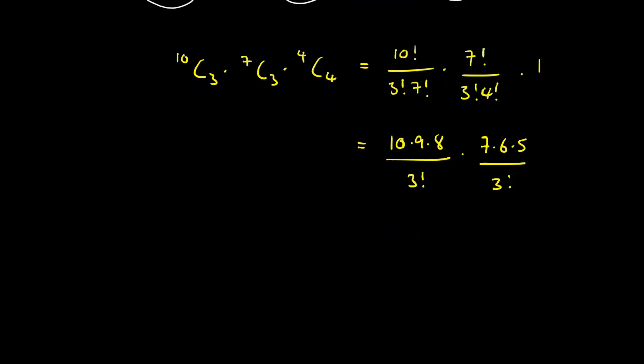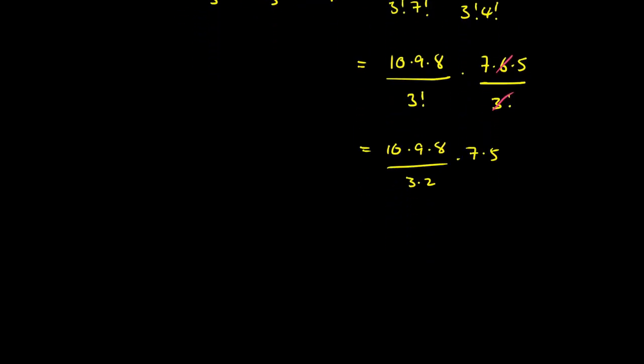And I think I can probably simplify this. 3 factorial is 6, so I'll write this as 10 times 9 times 8 over 3 times 2, times 7 times 5. So let's divide through by 3. So that will become a 3. Divide by 2. So that will become a 4.